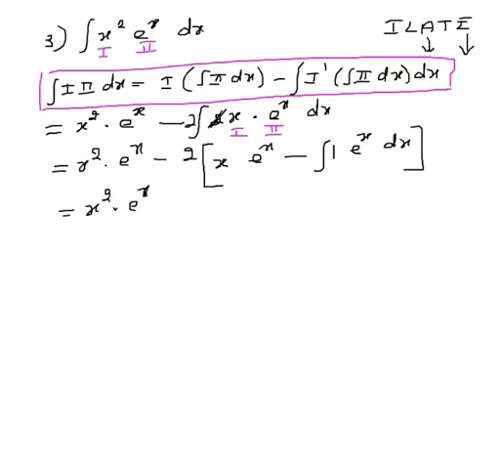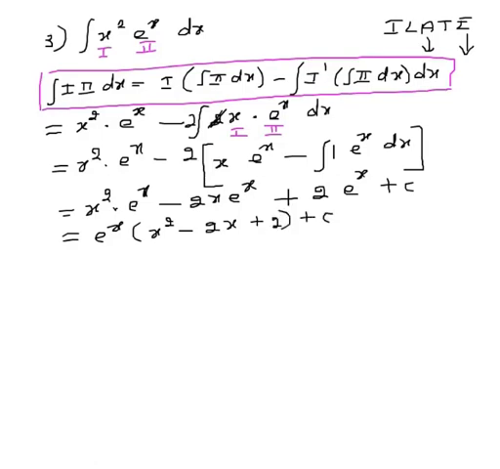X square times e power x minus 2x e power x. Minus of minus will become plus 2. Integral of e power x is e power x and plus c. E power x is common in the first three terms. Let us take e power x out. We get e power x times x square minus 2x plus 2 and plus c.